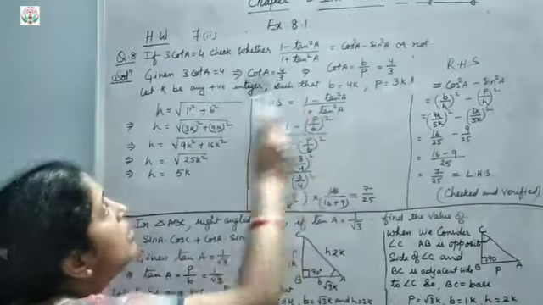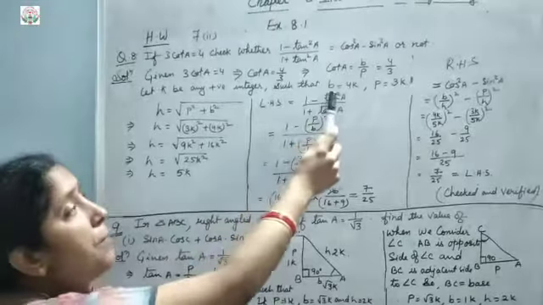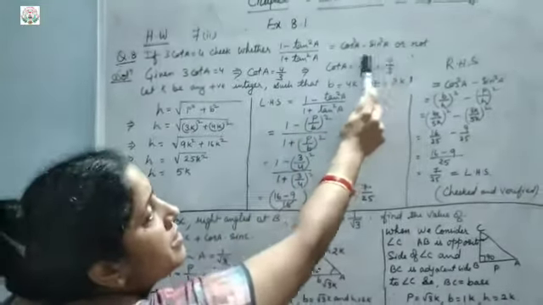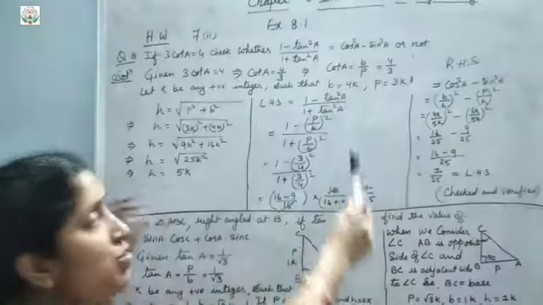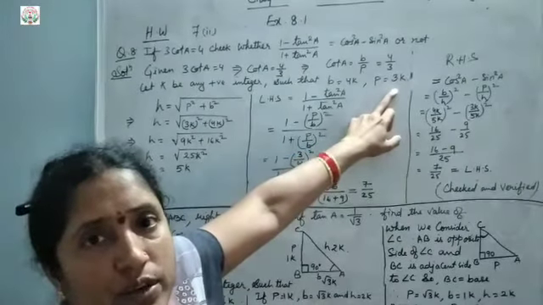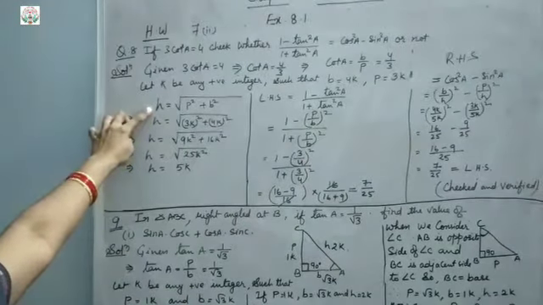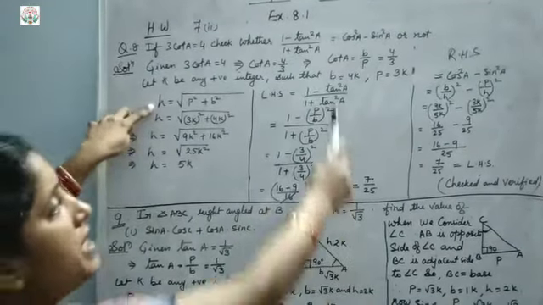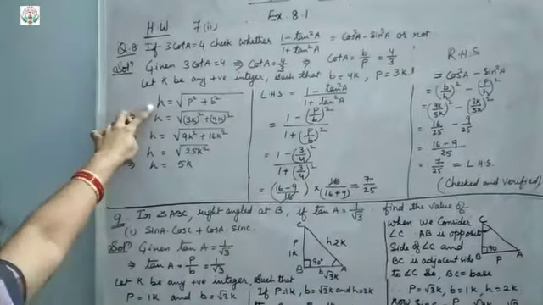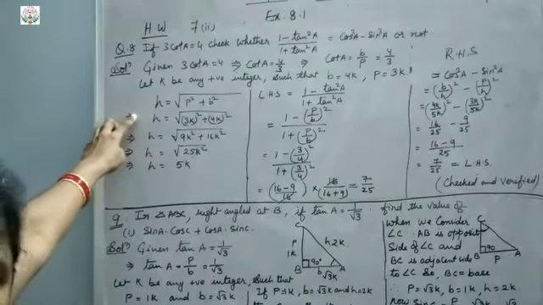Now let K be any positive integer such that B equals 4K and P equals 3K. Okay. Now after that, once P and B are known to us, we can find H by using Pythagoras theorem.